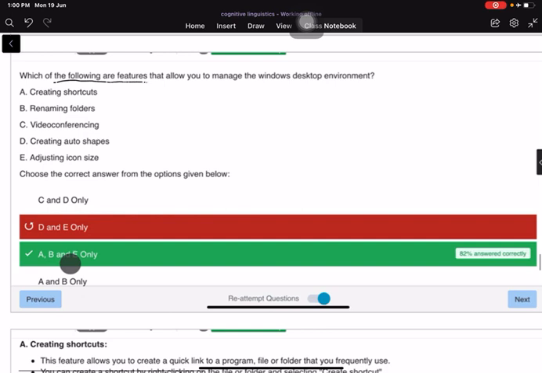Which of the following are features that allow you to manage the Windows desktop environment? That's creating shortcuts, renaming folders. Video conferencing, you cannot video conference. This is not a feature to manage the Windows desktop environment.